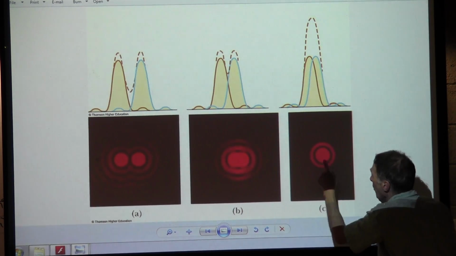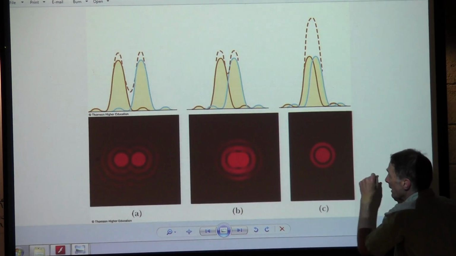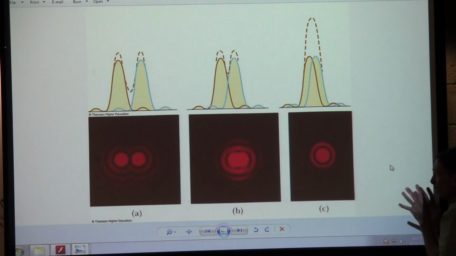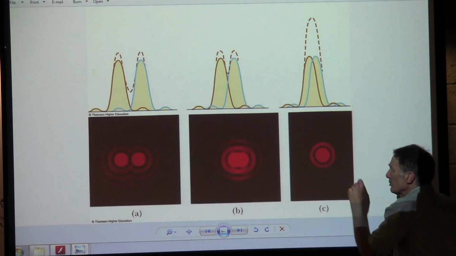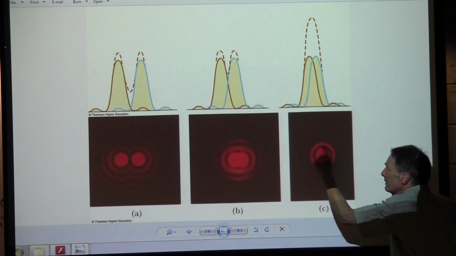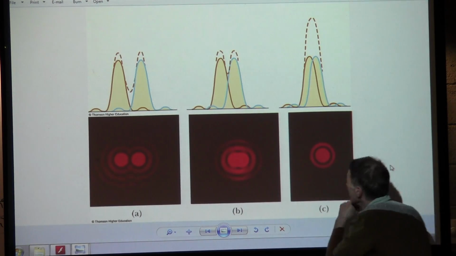There's also going to be some more of them. They actually form a set of rings. For our purposes, the only thing we're going to do with this circular aperture is deal with the position of this minima.